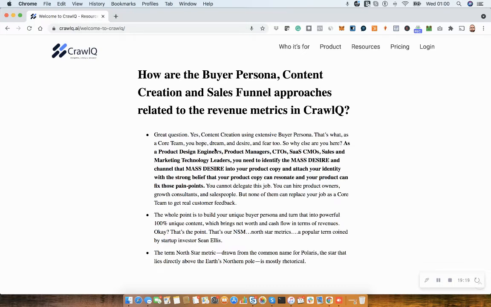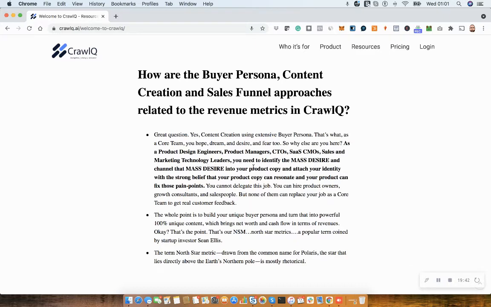As a product design engineer, product manager, CTO, SaaS CMO, or sales and marketing technology leader, you need to identify that mass desire and channel it into your product copy.